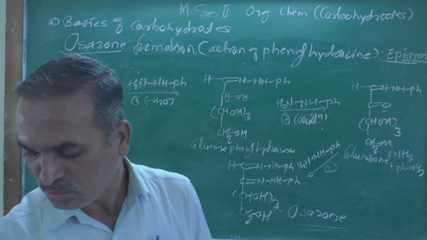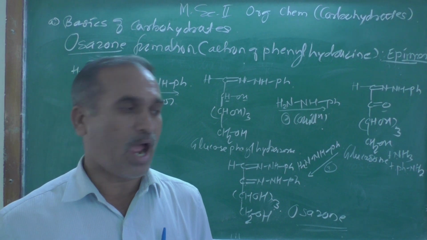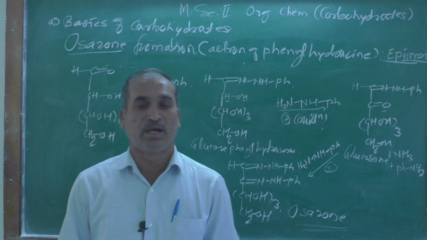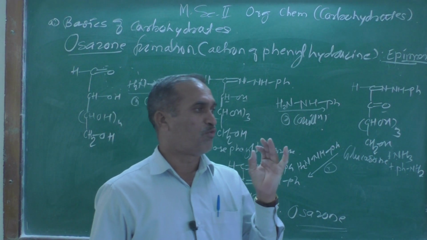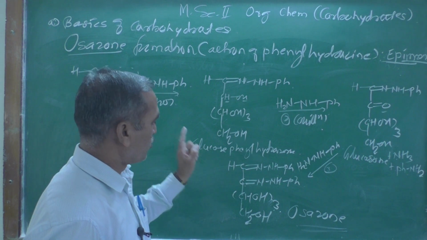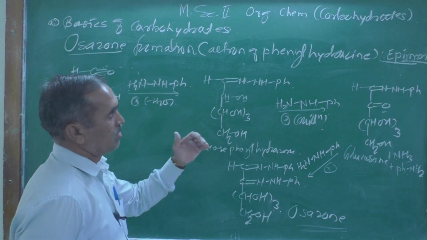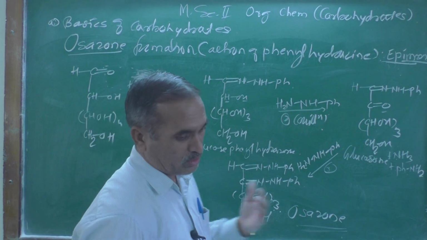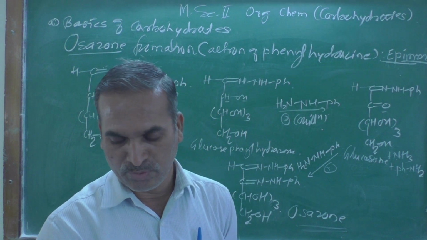So that question may arise or may appear in the exam. Remember, 3 molecules of phenylhydrazine are consumed or required to form an oxazone derivative. It is an important point from an exam point of view.